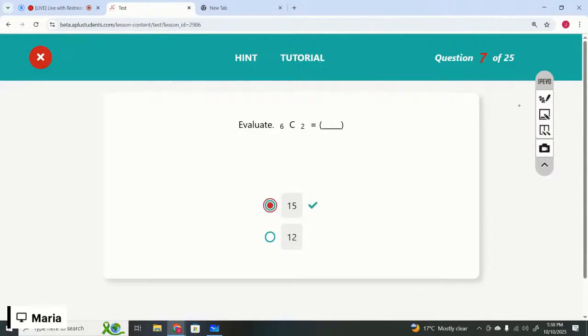Option number one is the correct option. 4C2 equals 6. Option number one is the correct option, that is 6.